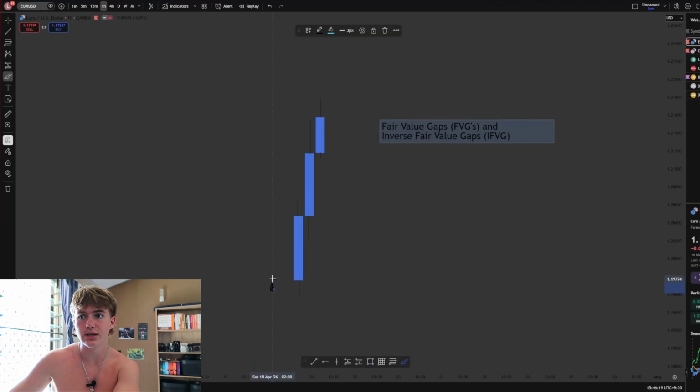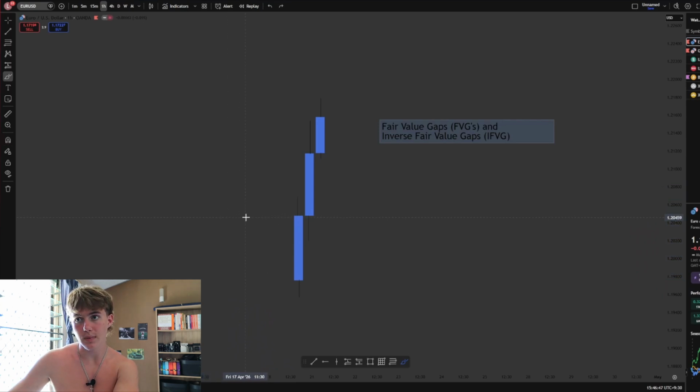It went all the way up here, then came back down, left another snail trail, and closed right there. This is the body of the candle, which is the blue. The little snail trails are the wicks. That's where price action went.